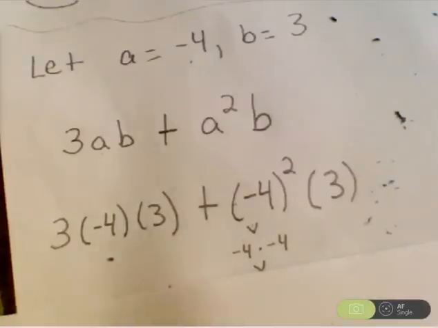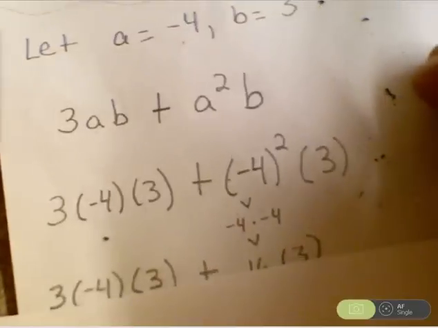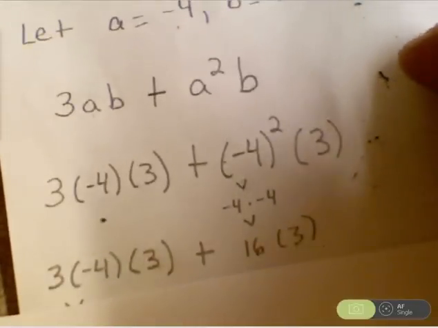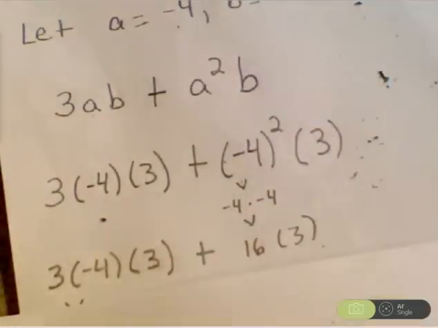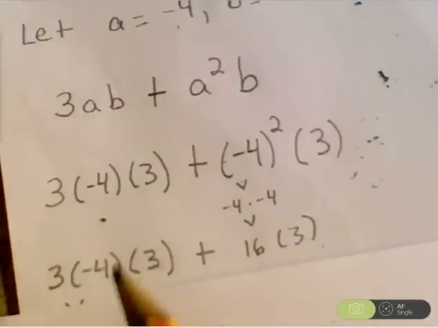A negative times a negative is a positive. 4 times 4 is 16. I put 16 down here, and notice I'm not trying to combine steps. I'm going to take it step by step.